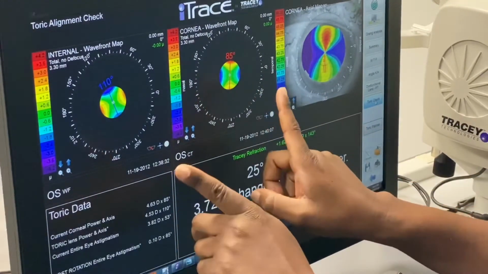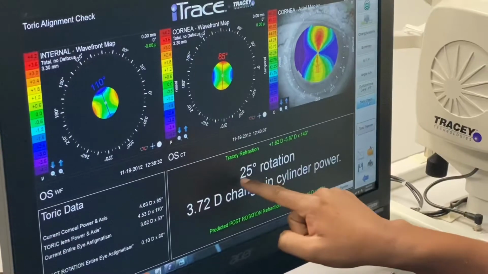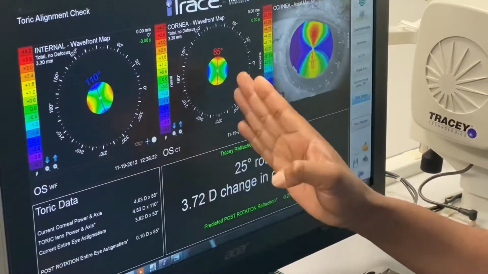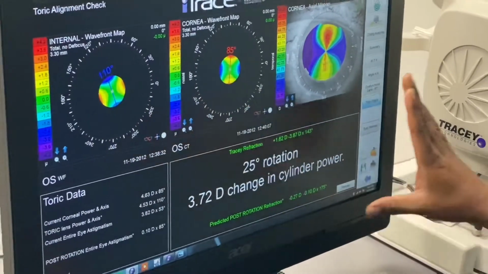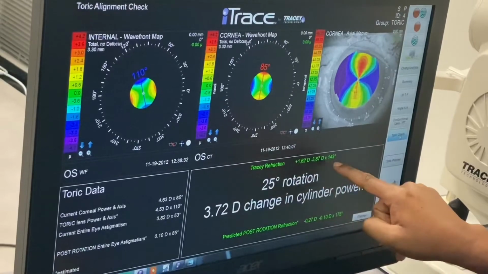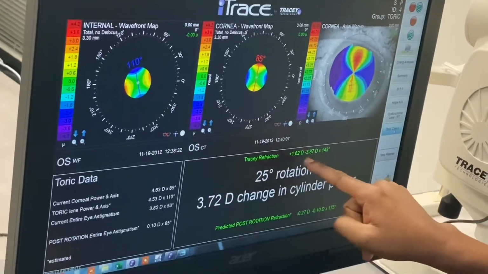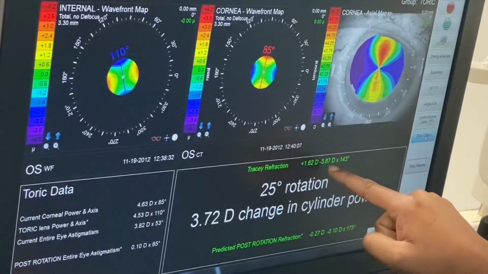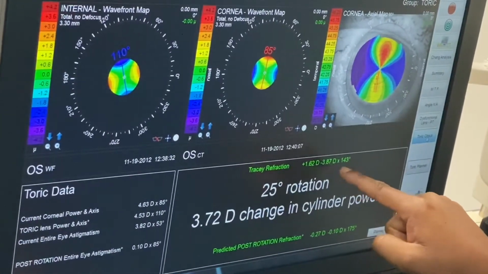So you have a 25-degree difference between where the lens is sitting and where it's supposed to sit. And what's nice with this piece of equipment is that it gives you the refraction of the patient as is now. So this patient has residual astigmatism of 3.87 diopters.